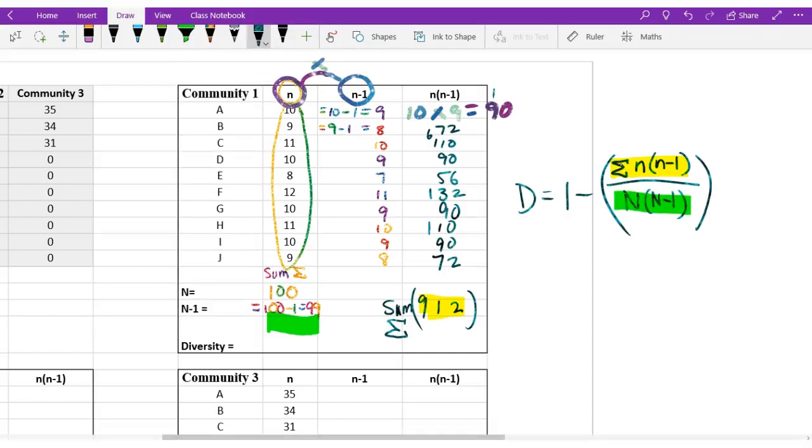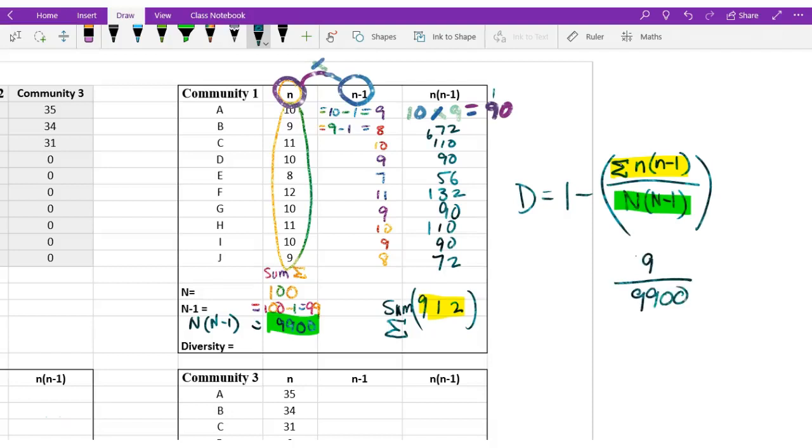So let's work out that last one. My big N times my big N minus 1 is going to be 100 times 99, which is going to be 9900. Okay? So on my bottom here, I'm going to have 9900.